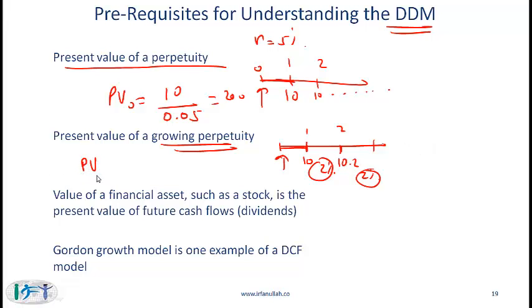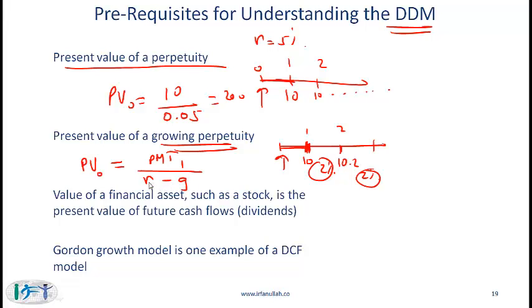The present value at time 0 of a growing perpetuity is given by the cash flow or the payment at the end of period 1. Notice that it's the payment at the end of period 1 and not the payment at time 0, divided by the interest rate minus the growth rate.